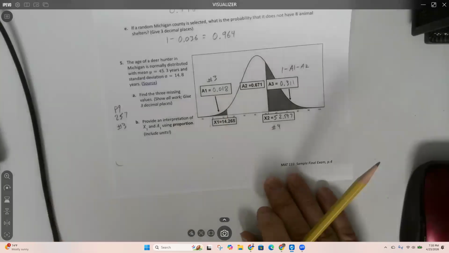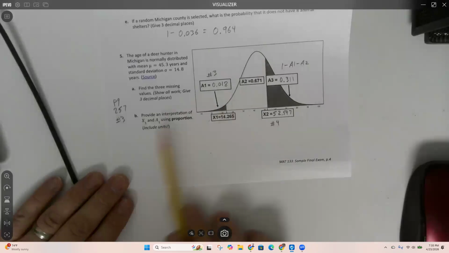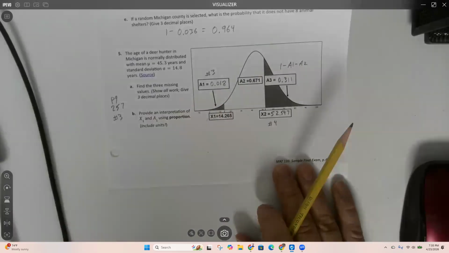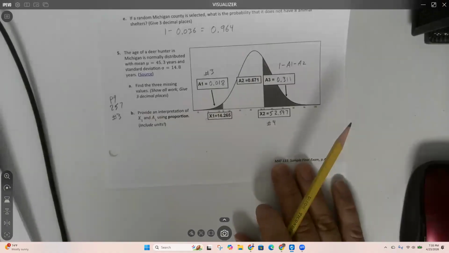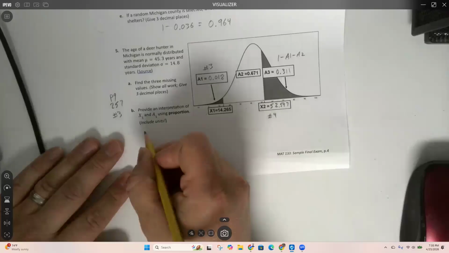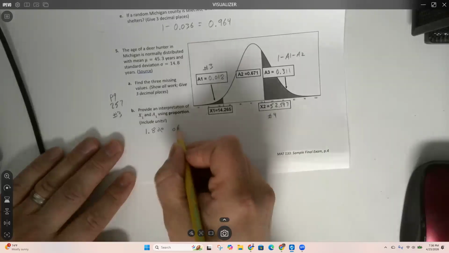So which one was the proportion? Is it the random one, or is it just you write out this as a percent? It says percent. So 1.8% of what were we even talking about here?